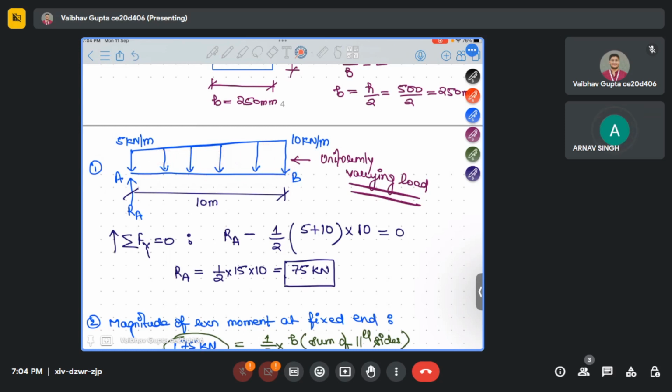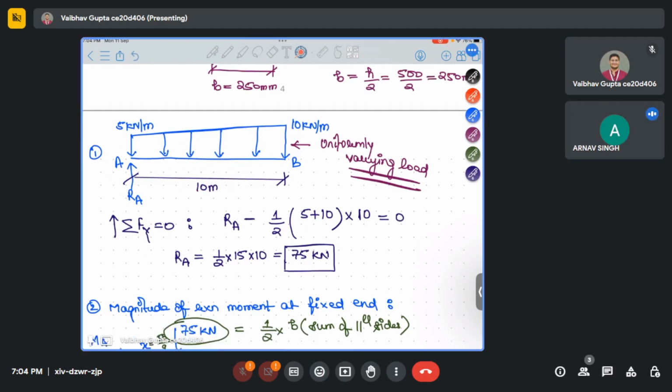If I go with force equilibrium in the y direction, we get Ra minus the area of loading. The area of a trapezoid is half into the sum of parallel sides, which are 5 and 10, into the length, which is 10. That is how you will get Ra.